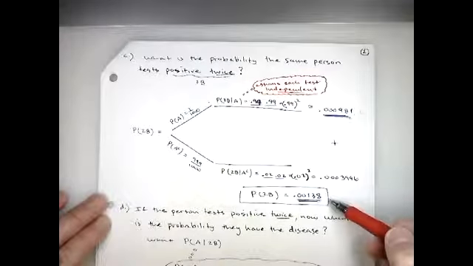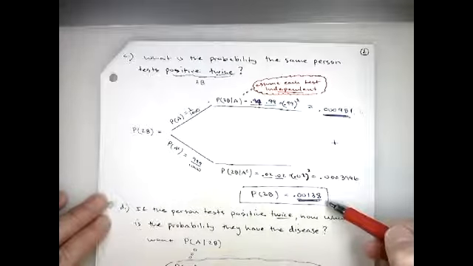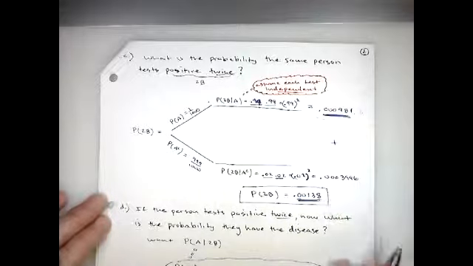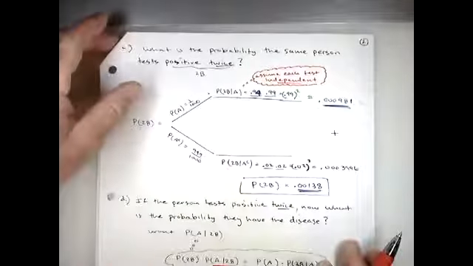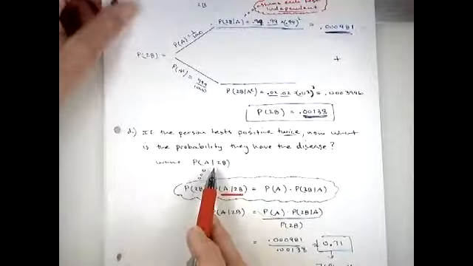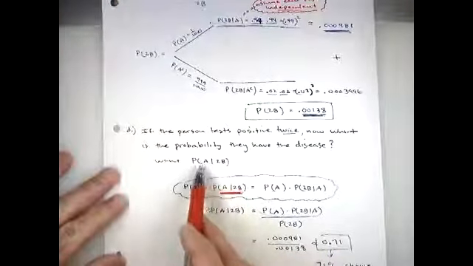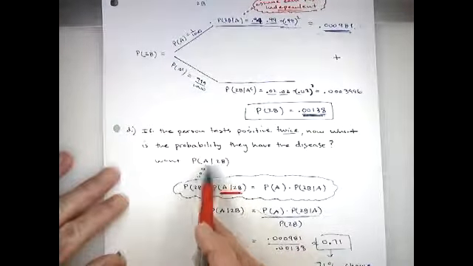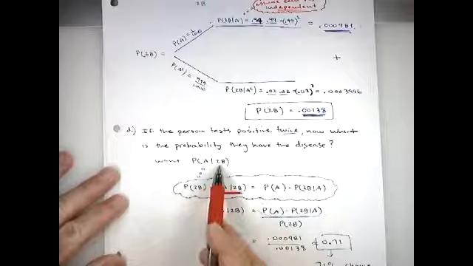But suppose your patient did, right? So now what they want to know is, what is the probability, given that they've tested positive twice, that they actually have the disease? And so it's this right here. That is a conditional probability, the probability of A given 2B: have the disease given that they've tested positive twice.